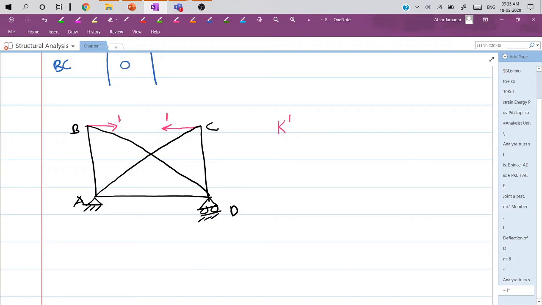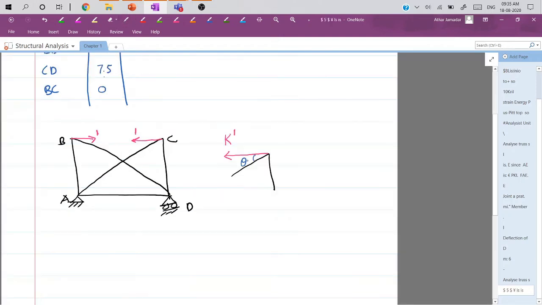Now we have to analyze this truss for this unit load. First of all, I will select joint C and denote these forces by K dash. Let me show those forces. First I will assume this CA force going towards the joint, that is, compressive.